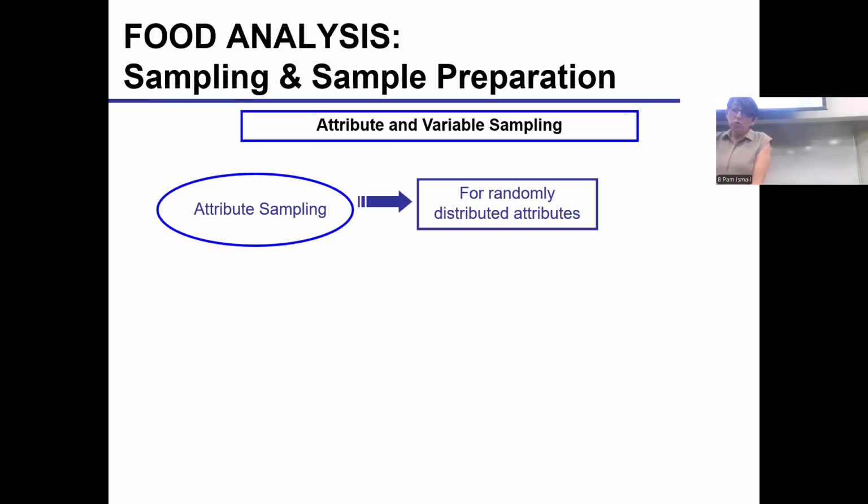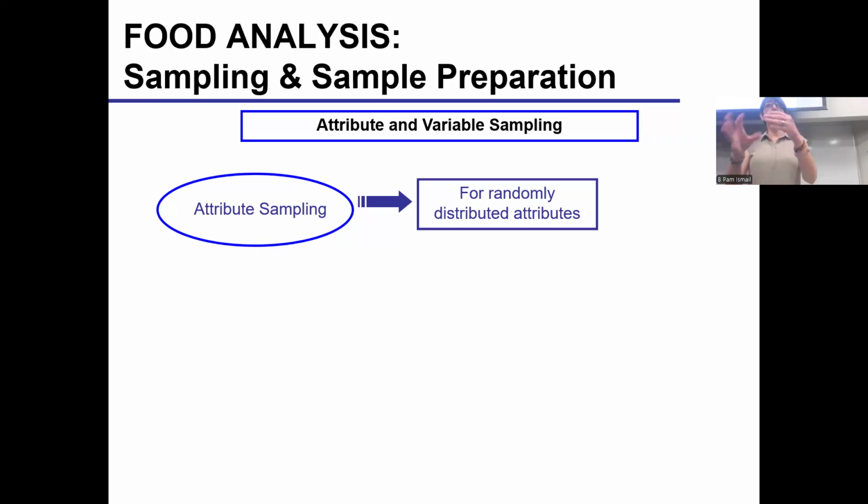Or sometimes you don't see that mold by eye. It's not something homogeneously dispersed in your sample. And that mold can give you aflatoxin, for example. Aflatoxin should not be in the food. There's zero tolerance.